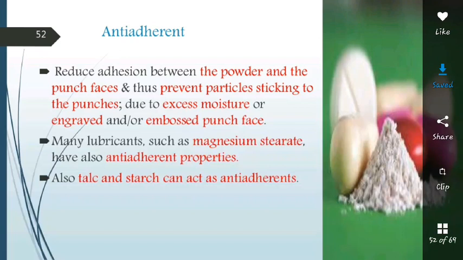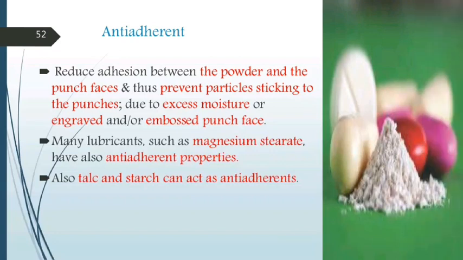Then anti-adherents: since powders may sometimes be sticky, anti-adherents are added to prevent the particles from sticking to the punches and embossed punch faces. Many lubricants can act as anti-adherents, like magnesium stearate.